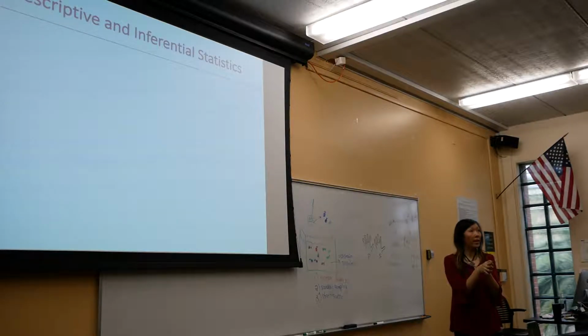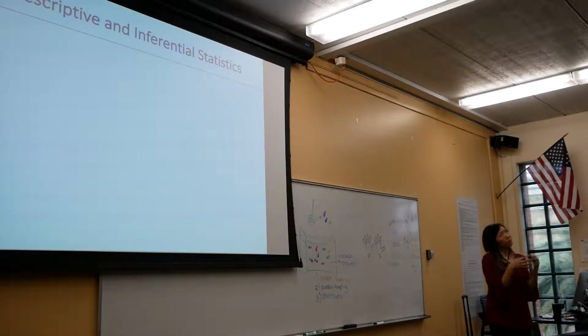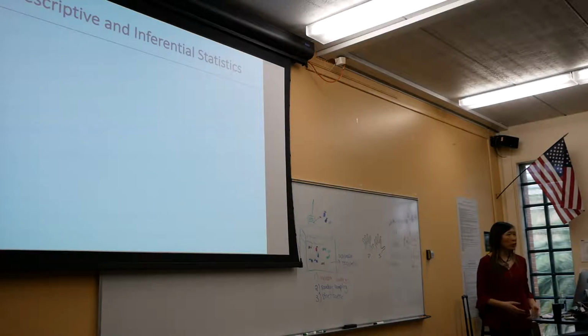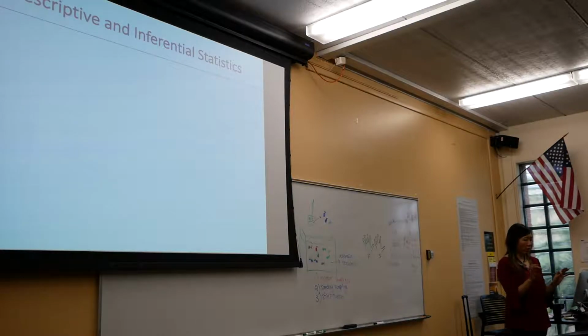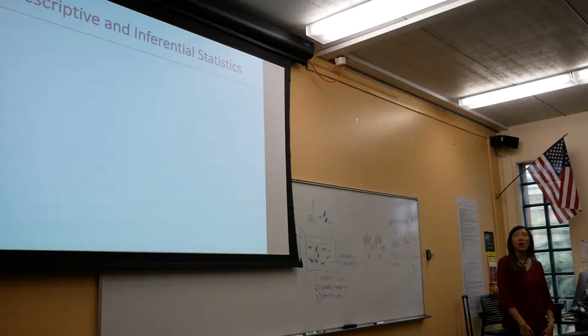Yeah, sure. So it's like a color, a certain characteristic. We'll talk more about that when we talk about scales of measurement on Thursday. But sure, we can describe something with colors.